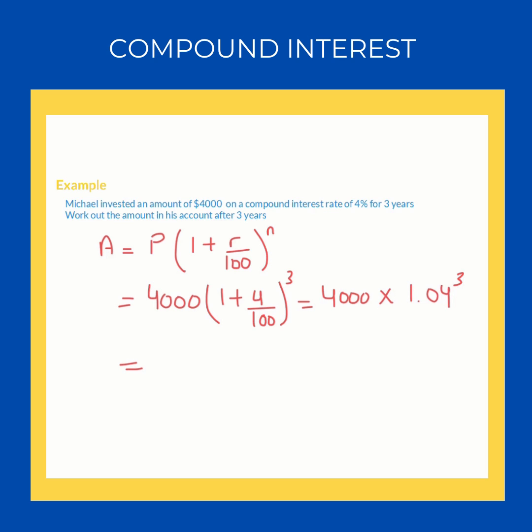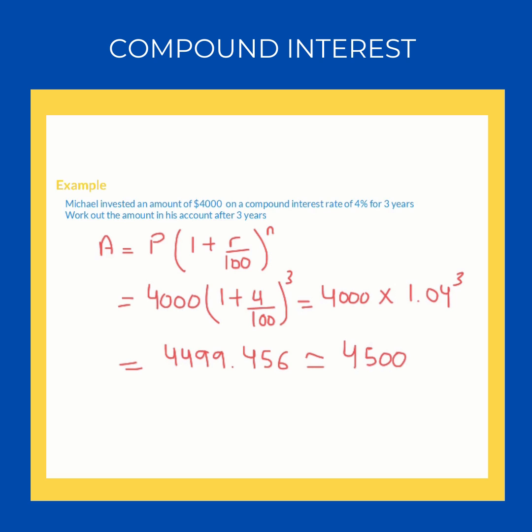So 4,000 times 1.04 cubed, the answer is 4499.456. If I want to round my answer to 3 significant figures, it is equal to $4,500.